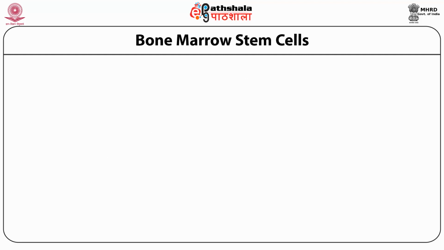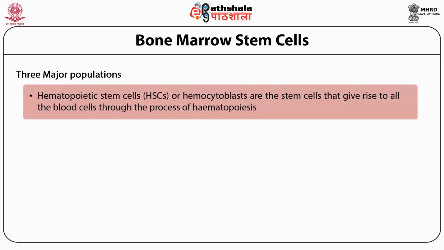So first coming to bone marrow stem cells. There are many examples of multipotent stem cells, but here we are going to discuss the bone marrow stem cells, which are the major reservoir of multipotent stem cells. We have three major populations, which include hematopoietic stem cells, which give rise to all the blood cells through the process of hematopoiesis.